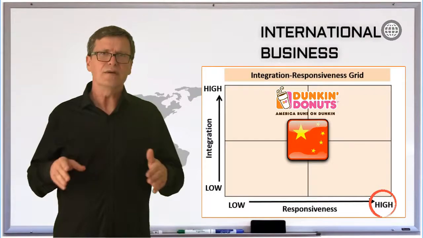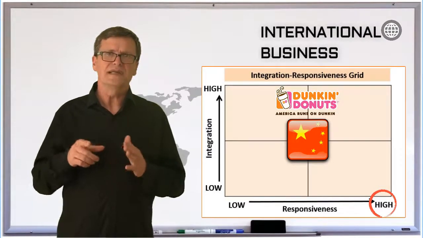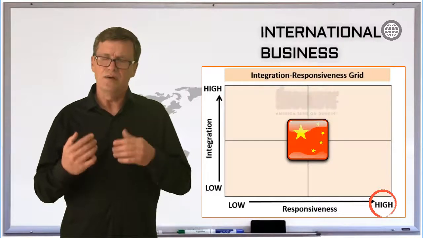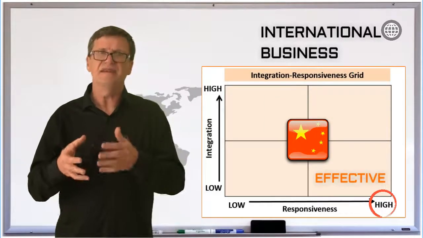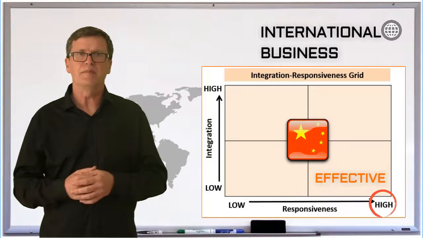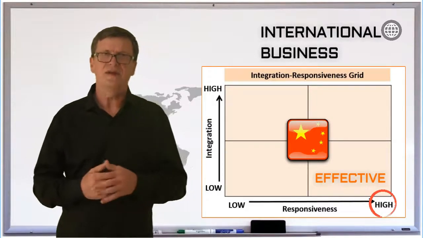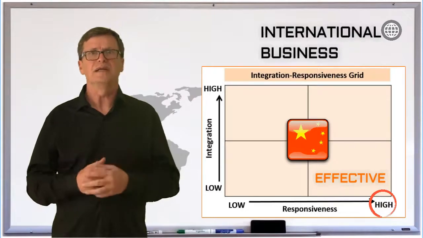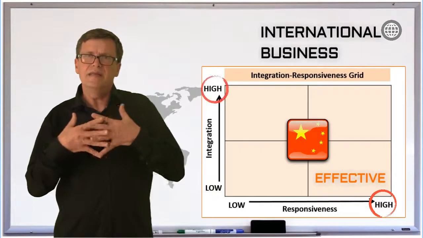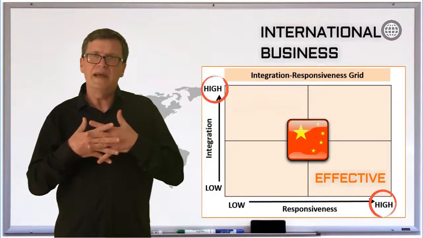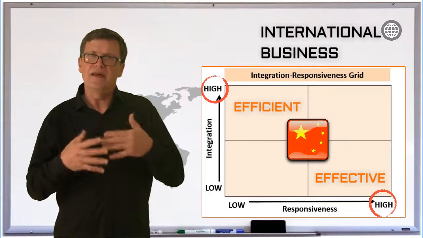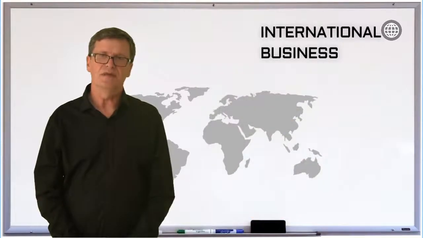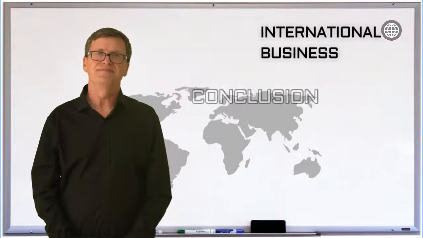So the IR grid helped Dunkin' decide how responsive they needed to be on the Chinese market in order for them to be effective and to gain market share in that market. And that's very useful. And the IR grid also helped Dunkin' determine how integrated they need to be in China in order to maintain efficiency in their operations. So the IR grid is a useful tool in international business.